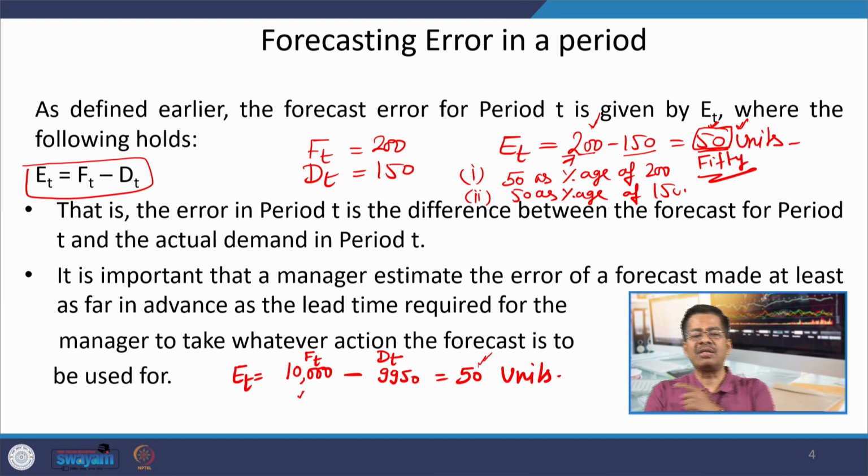So, just 50 is not complete, you need that 50 as a percentage of your forecast or percentage of your actual demand. That is why we require different ways of representing, so that you can have complete information and understand the forecasting error in a better way.